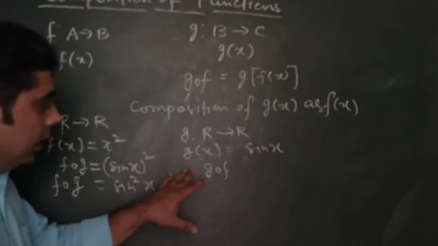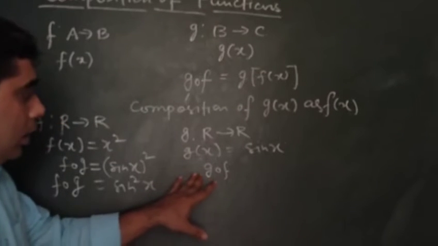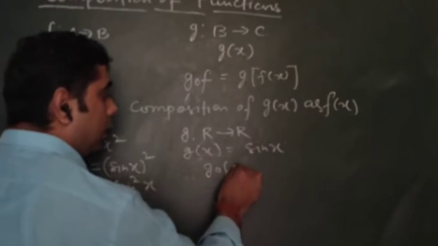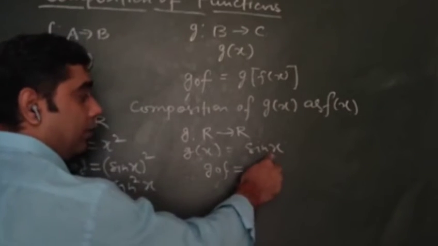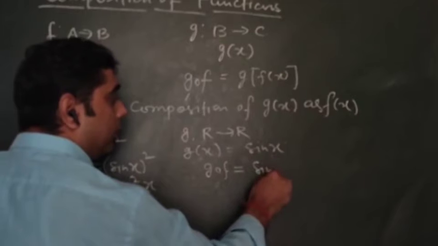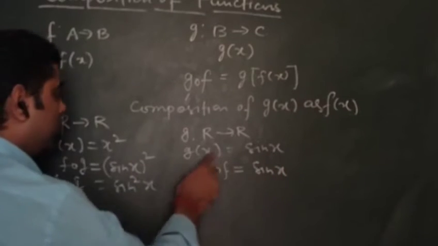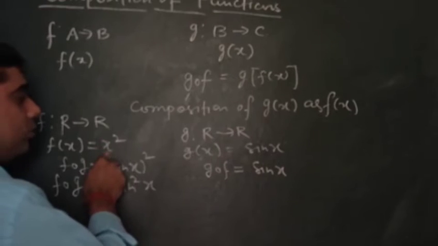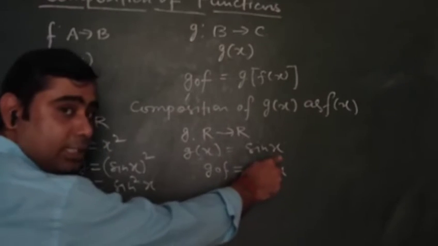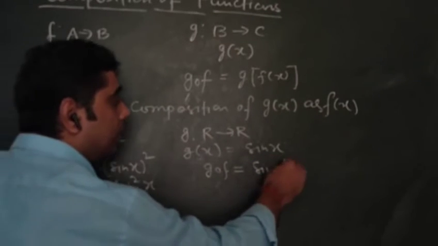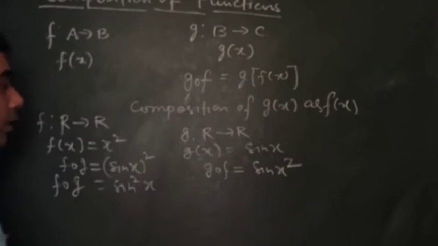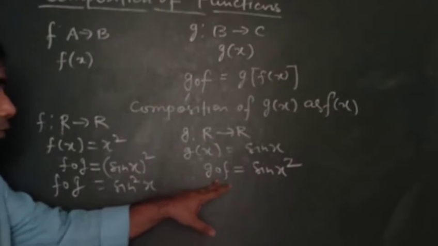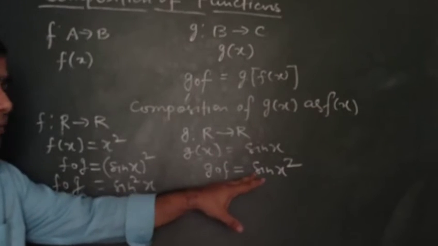And again, if you have to write g of f, then in function g, at the place of x you have to write the whole function f(x). So f(x) is x squared, then at the place of x we will write sin(x squared). So f of g will be sin squared x and g of f will be sin(x squared).